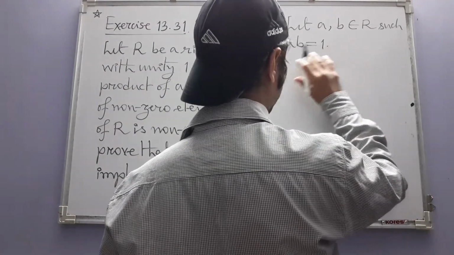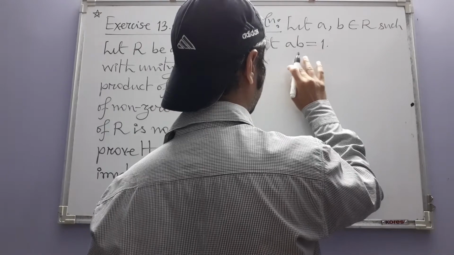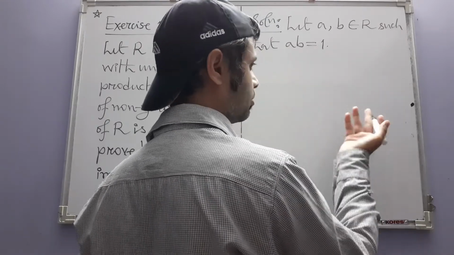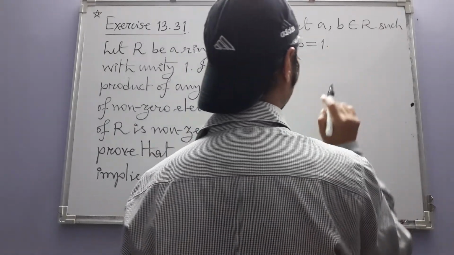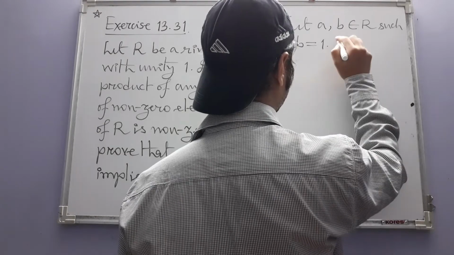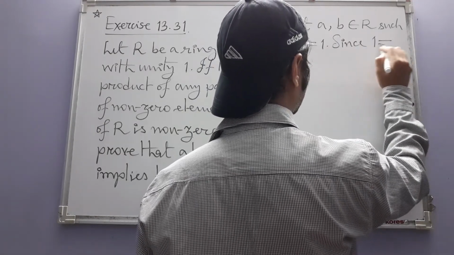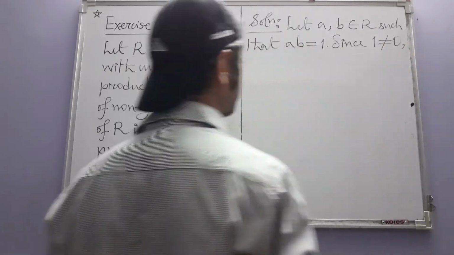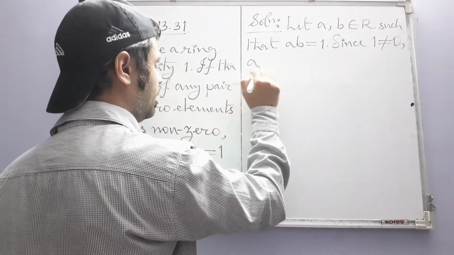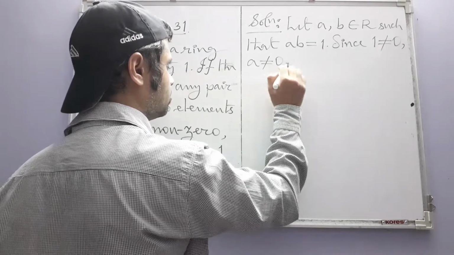We won't really need the non-zeroness of B, but the non-zeroness of A is what we will need. So next we write, since 1 is not equal to 0, A is not equal to 0.